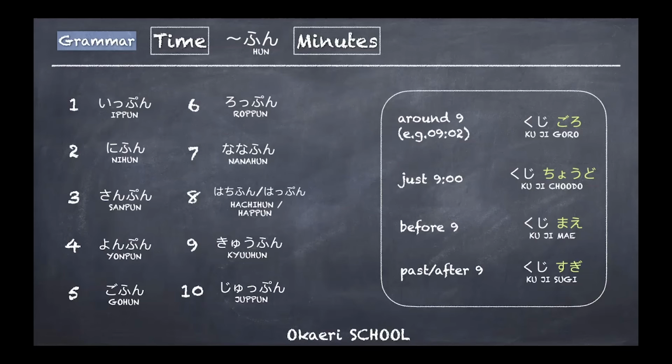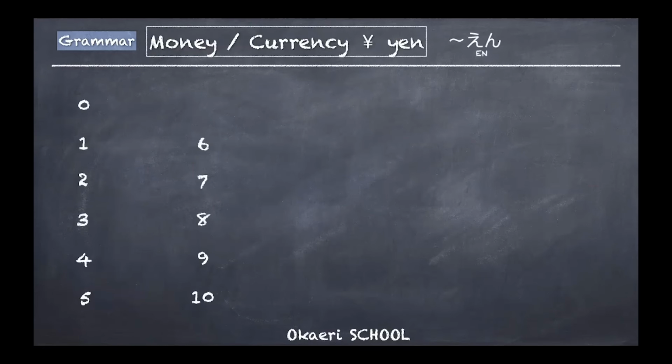Past 9 or after 9, you say 9時過ぎです. So those are the variations. Again, in English the word comes before the number, but in Japanese, after 9 o'clock, you add 頃, ちょうど, 前, 過ぎ.